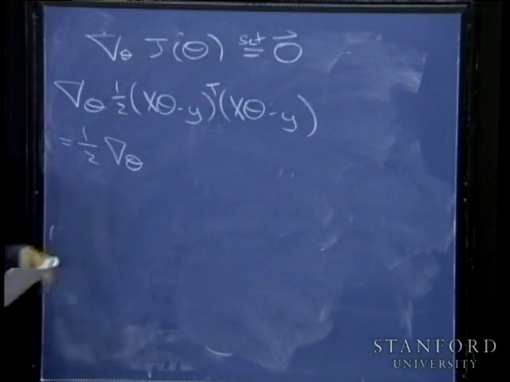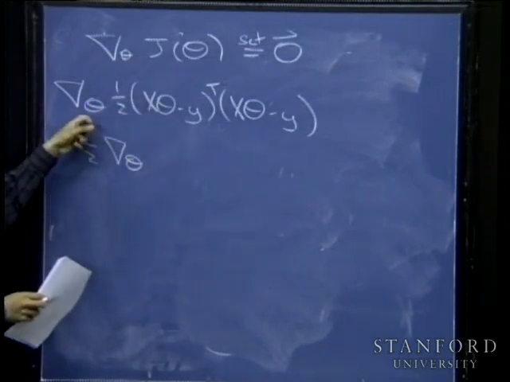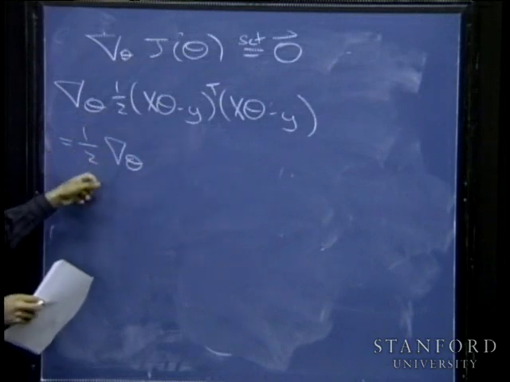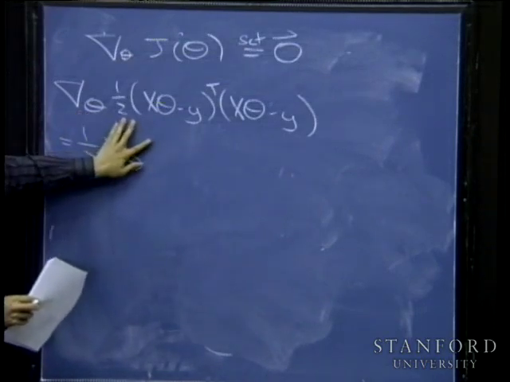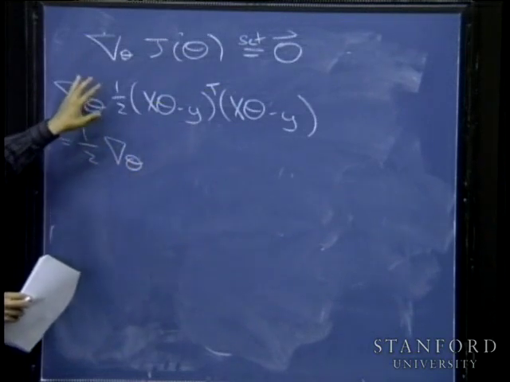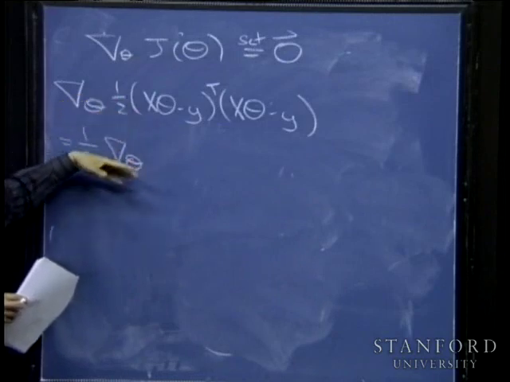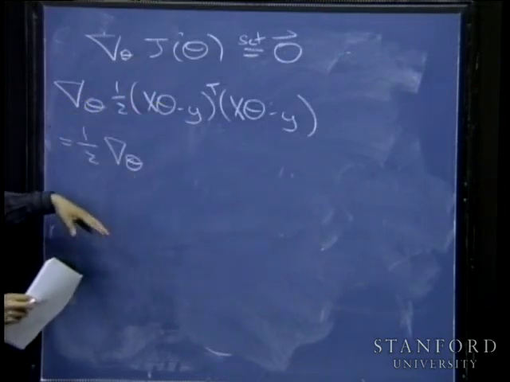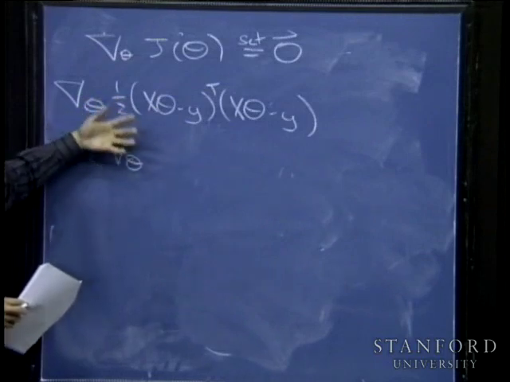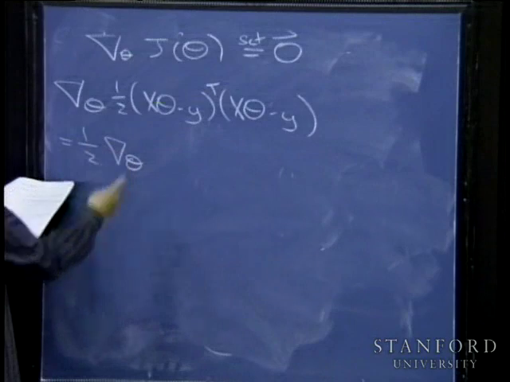I should mention there'll be some steps here that I'm just going to do fairly quickly without proof. So is it really true that the derivative of half of that is half of the derivative? Can I really exchange the derivative and the 1/2? It turns out the answer is yes, but later on you should go home and look at the lecture notes and make sure that you understand and believe why every step is correct. And I'm going to do things relatively quickly here, and you can work through every step yourself more slowly by referring to the lecture notes. Okay?